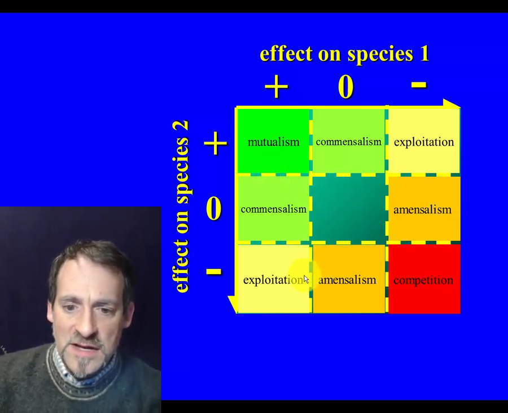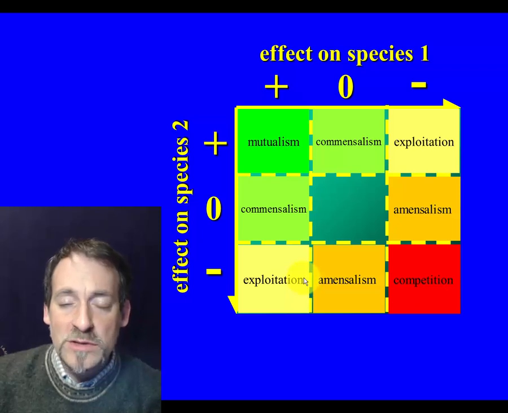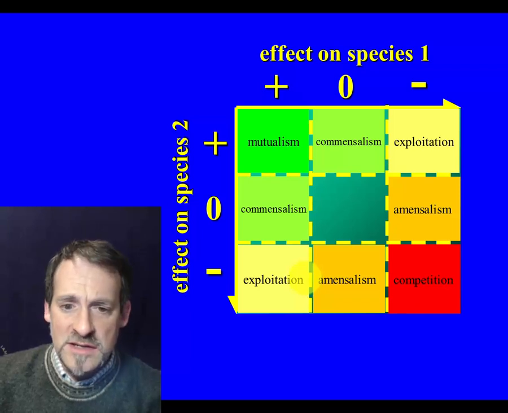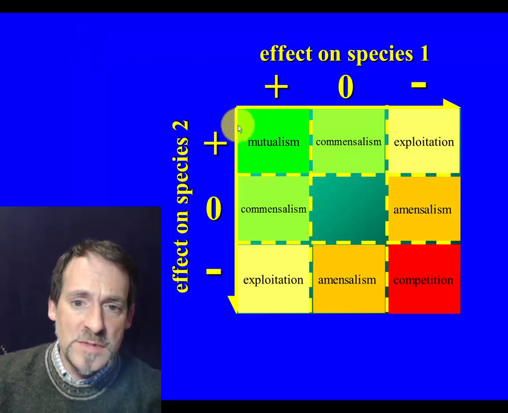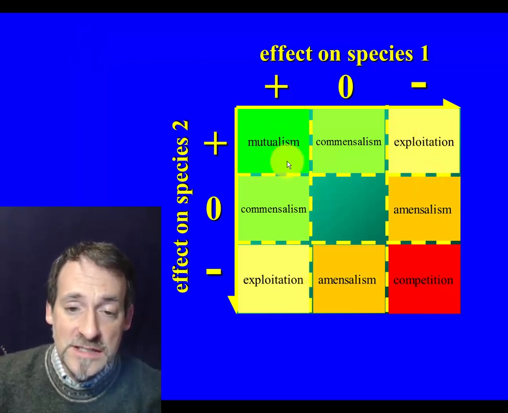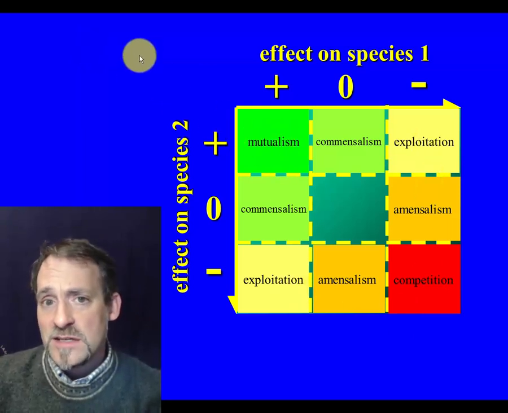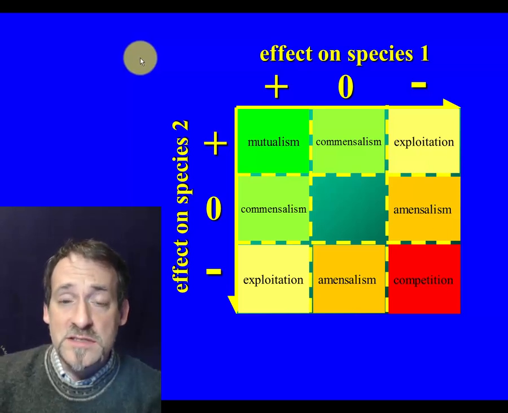You can have exploitations that have so little impact on the species that's being harmed that it's practically a commensalism, and so forth. But these categories are convenient for thinking about the ways in which multiple species interact.